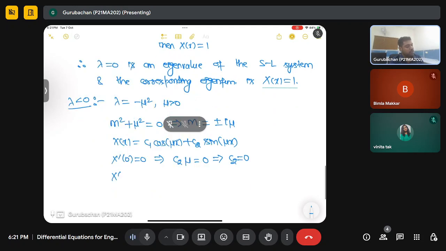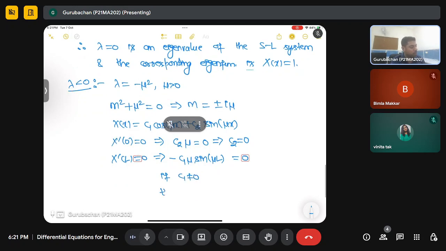Next is X'(L) is 0. So since c2 is 0, we are left with c1. That means minus c1 μ sin μL. This has to be 0. Since we want μ positive, only if c1 is non-zero can we find the non-trivial solution.